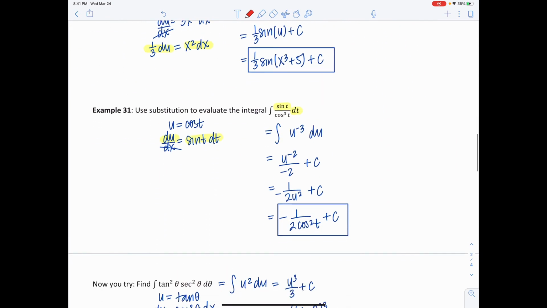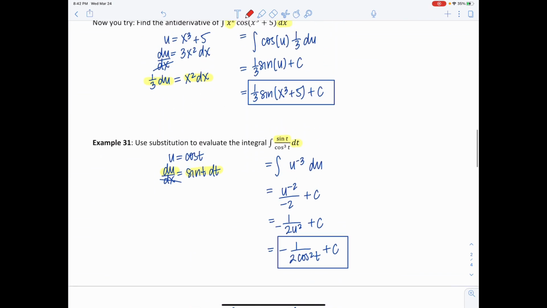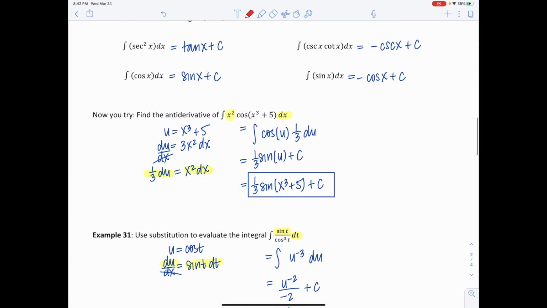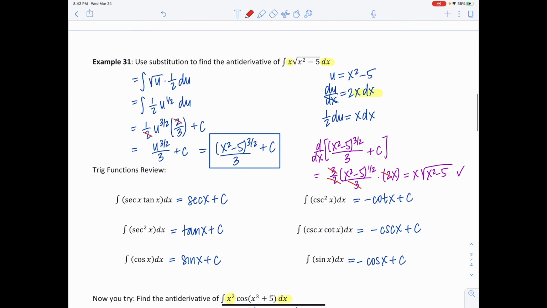So for example, number 31, when you took the derivative, we got 2x, but there wasn't a 2 in the integral. So to replace x dx, we actually need to move the 2 to the other side. We're not going to just replace it with a du, we're going to replace it with a 1/2 du.